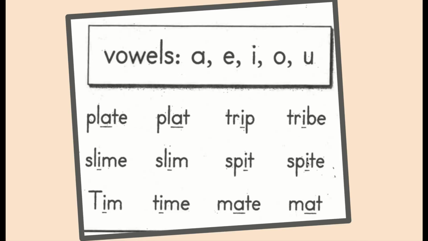E on the end, the vowel says its name, I. Tim. Time. E on the end, the I says its name, I. Mate. No E on the end, that vowel says its sound, A. Mat.